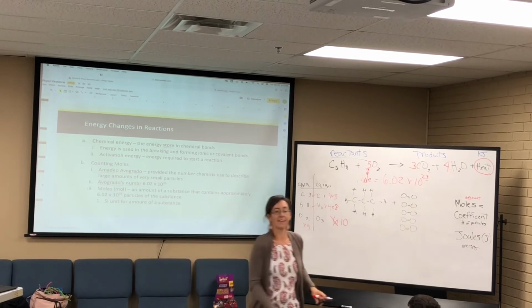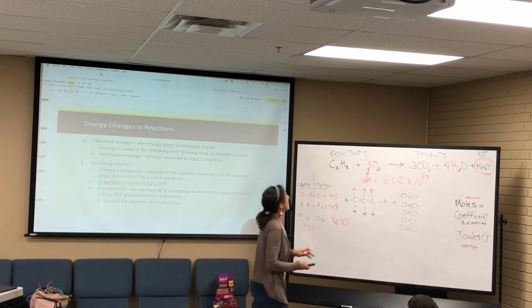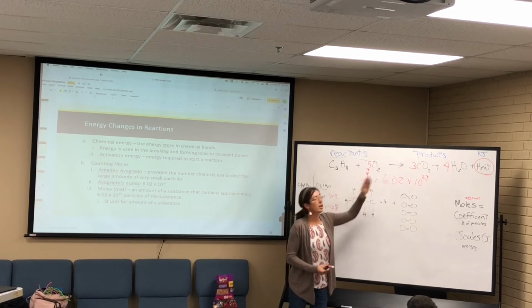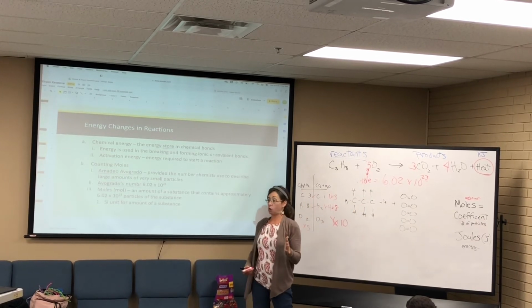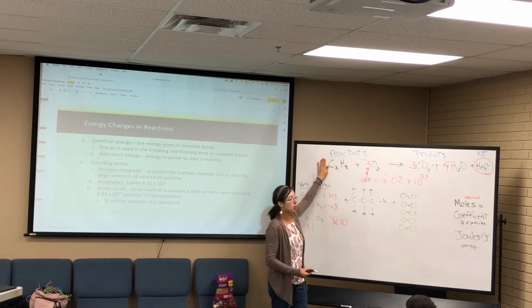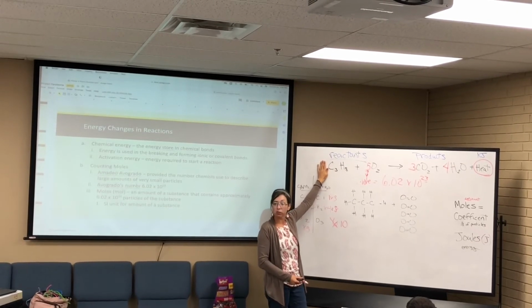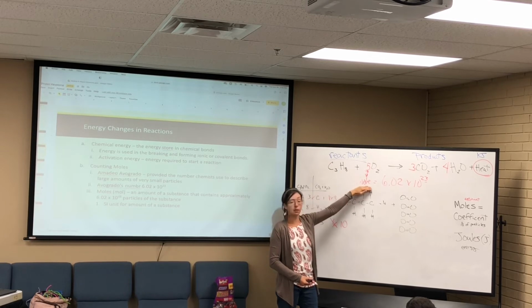Good answer. There you go. Okay? So we are simply renaming things that we already know. We're taking our coefficients, and instead of calling them coefficients, we're calling them moles. Okay?